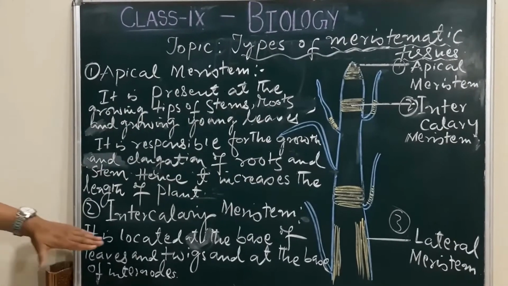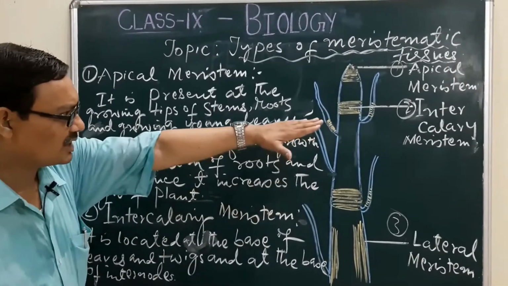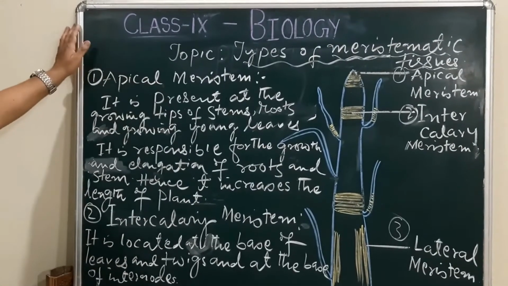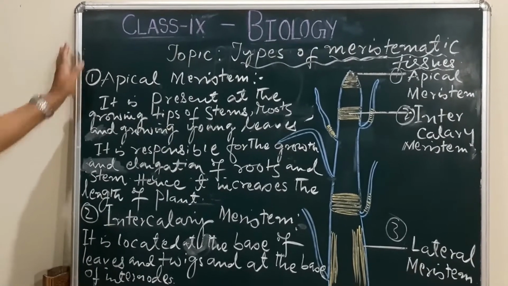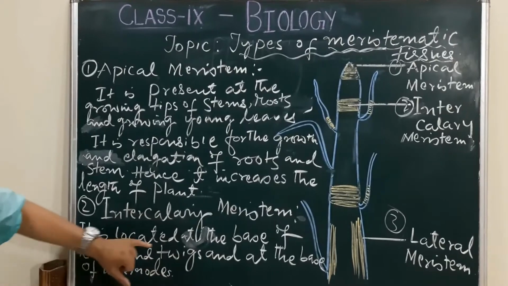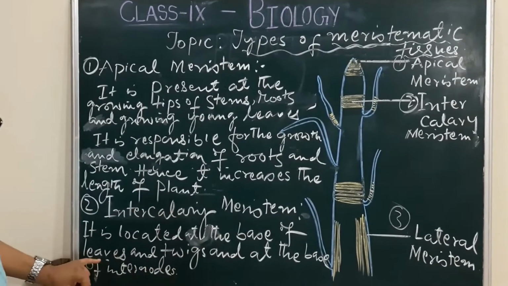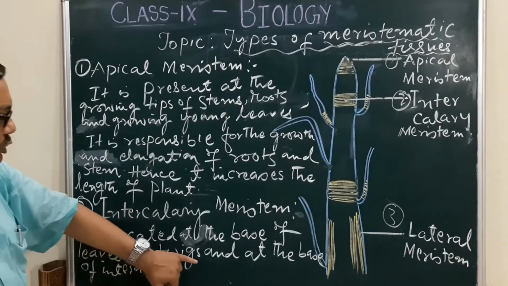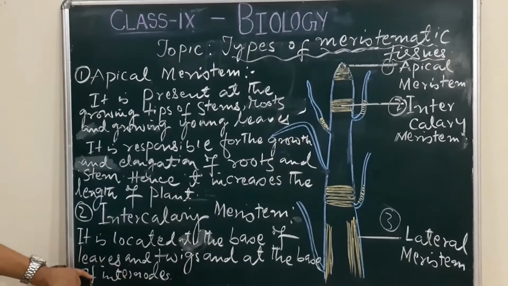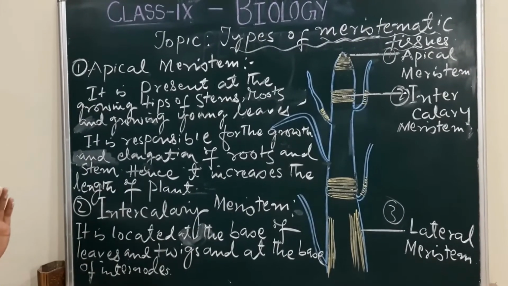Now, the second important type of the meristematic tissue is intercalary meristem. Intercalary meristem is located at the base of leaves and twigs and at the base of internodes.